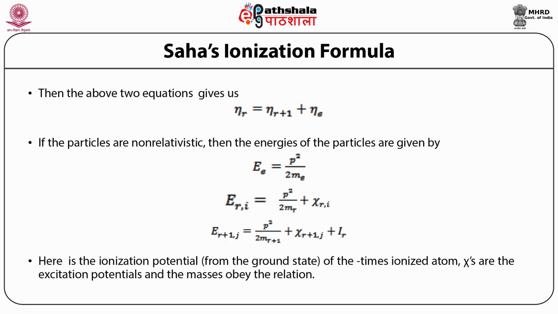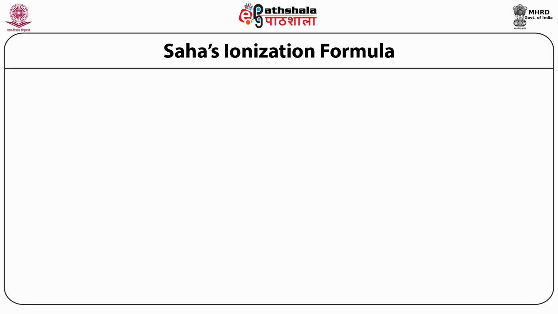Here I_r is the ionization potential, that is, from the ground state of the r times ionized atom, the xi's are the excitation potentials, and the masses obey the relation m_r equals m_(r+1) plus m_e.